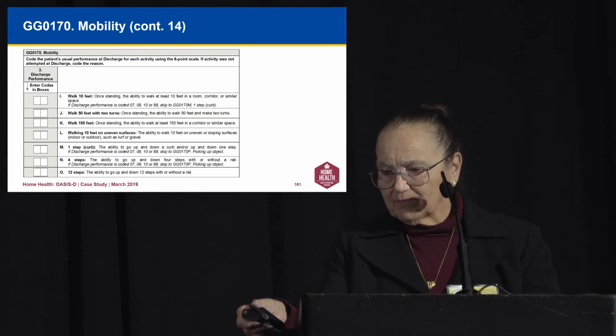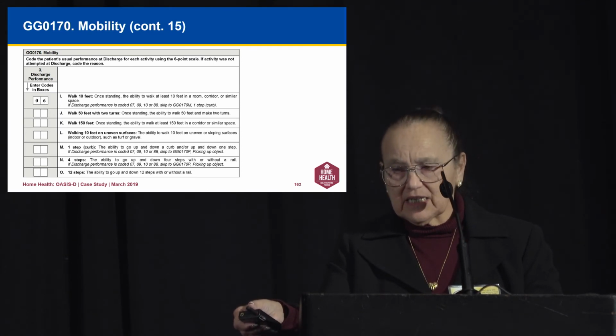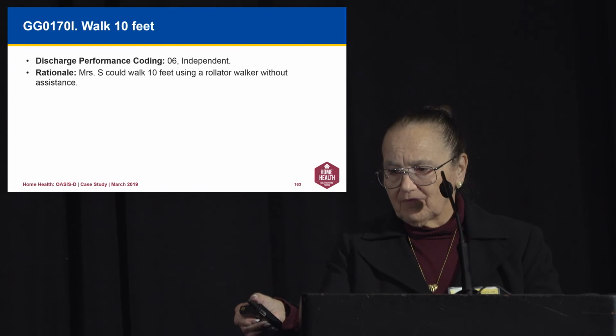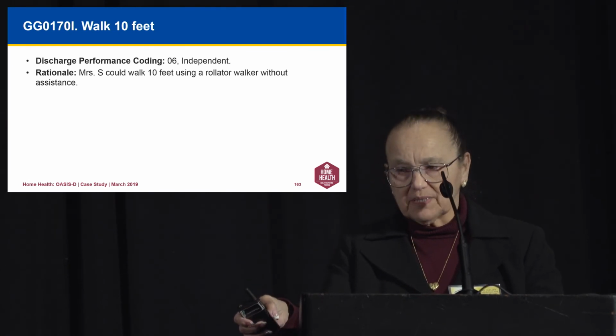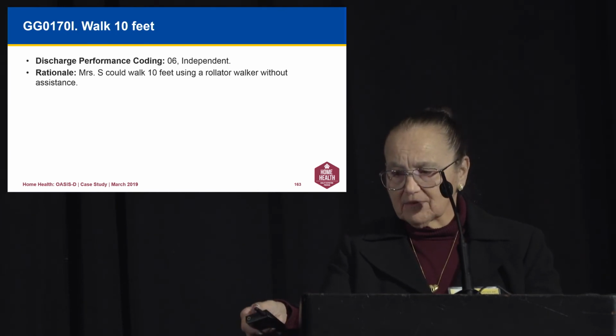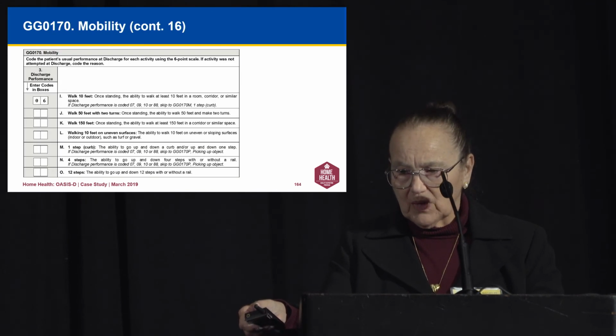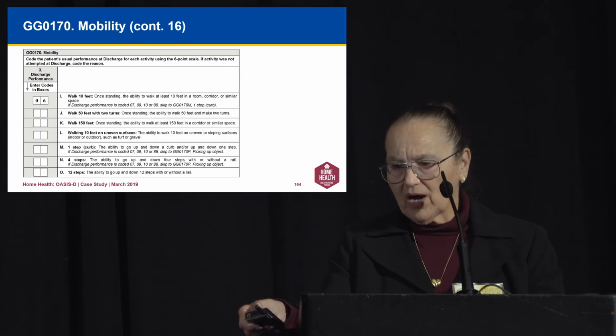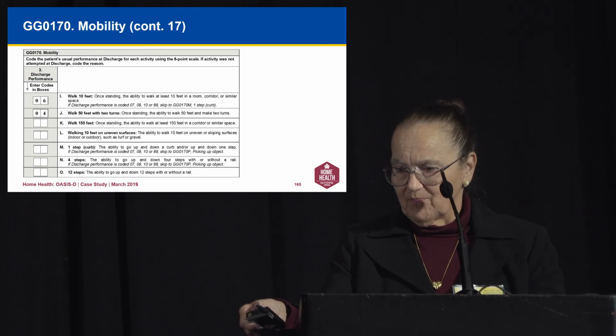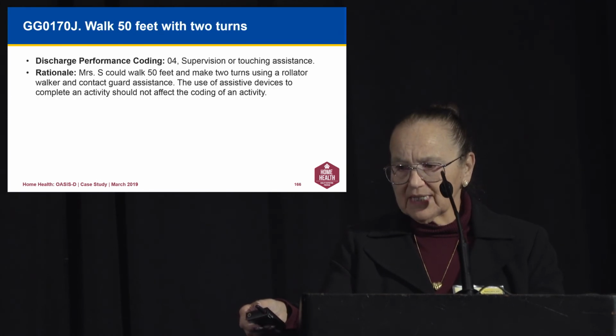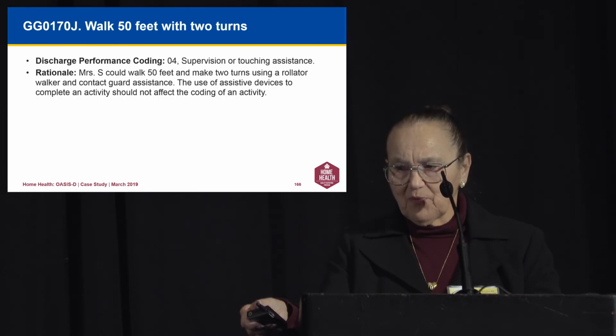Let's keep moving. On item I, walking 10 feet, I is listed as 06. She's independent. Upon discharge, Mrs. S can walk 10 feet using the rollator walker without any assistance. Item J, walk 50 feet. We've coded this as an 04, supervision or touching assistance.